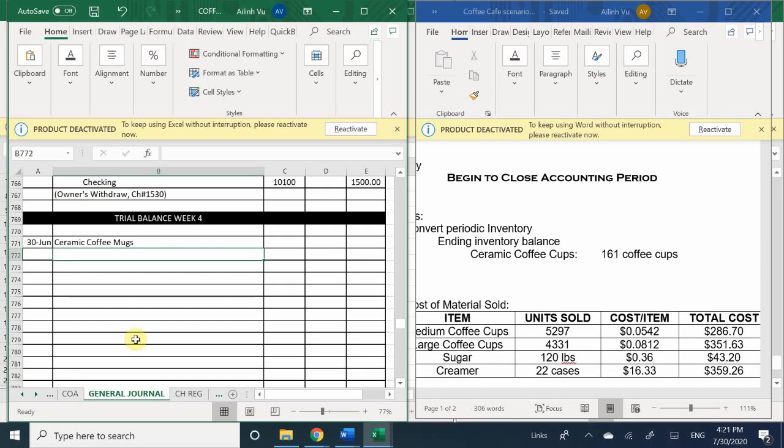If you really need to cheat, go look up chapter 5. How do you convert periodic inventory? I already gave you a really big hint. We're converting an expense into inventory.